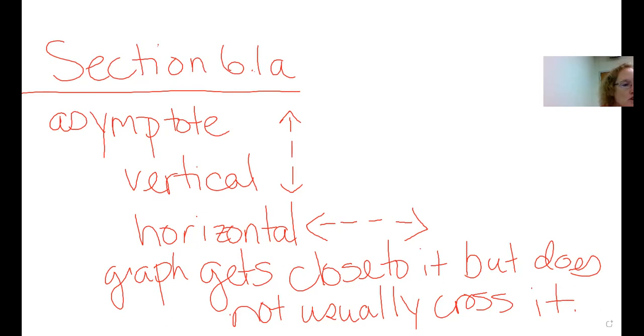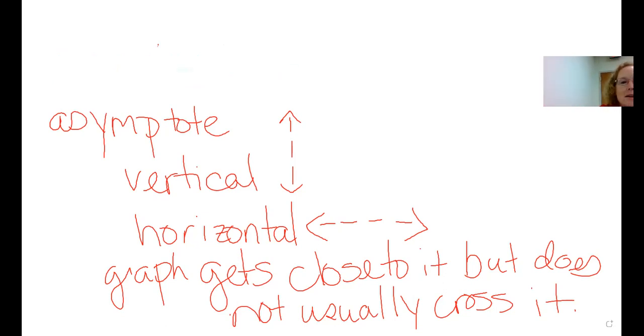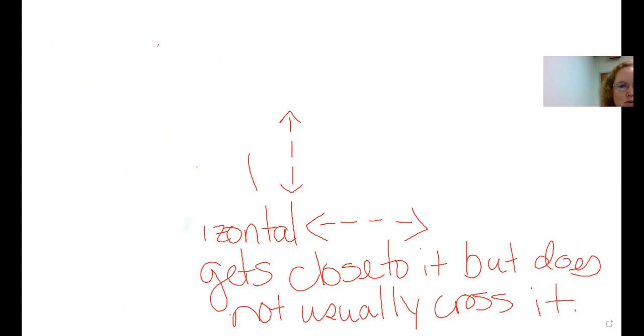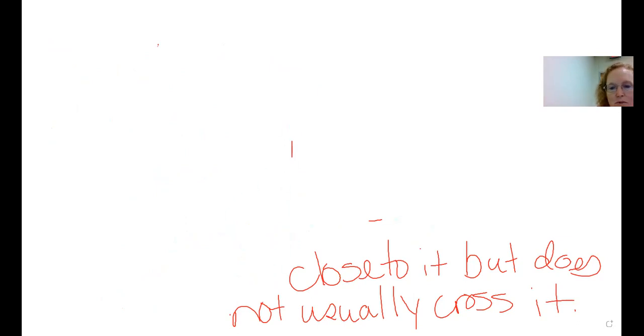What we're going to do first, before we actually look at these in a graph or anything, is figure out how to find them. I'm just going to give you a couple of examples, and all we're going to do is find these asymptotes. That's it.